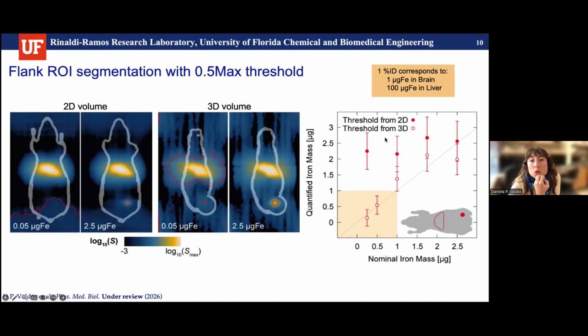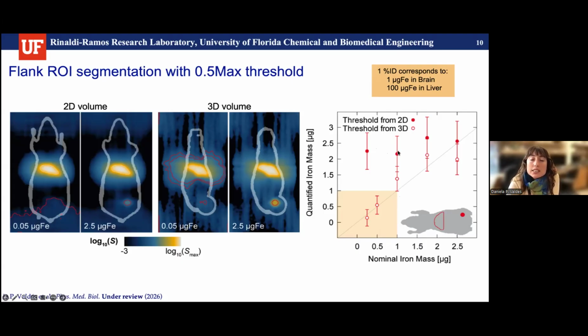What happens when we quantify the ones that we can actually distinguish as the flank? For 3D, it's a little bit more noisy than for the localized brain signals, and we could not quantify the lower one because we have this connected signal problem. And for 2D, we could quantify some of them, but there is clearly an overestimation.